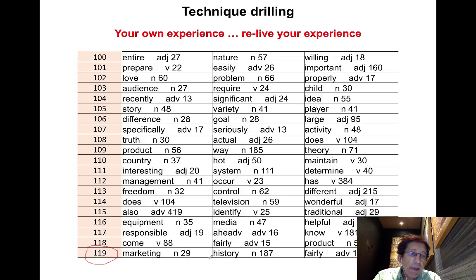Marketing, history. Try to use all three words. First, choose a keyword, find a story you have experienced related to that keyword, and then get the visual picture of your story and relive that experience by describing it to me.